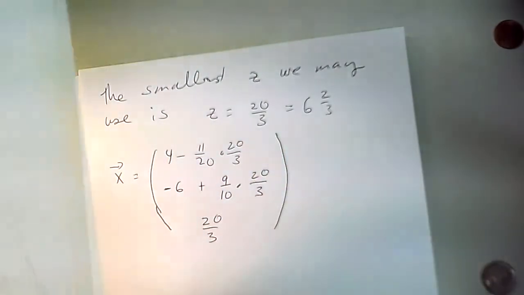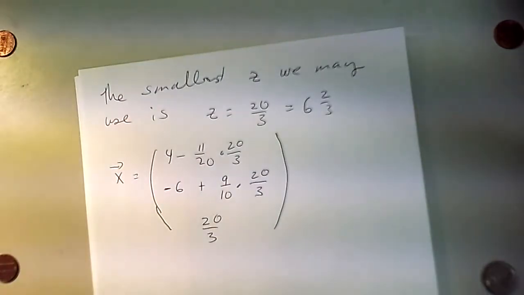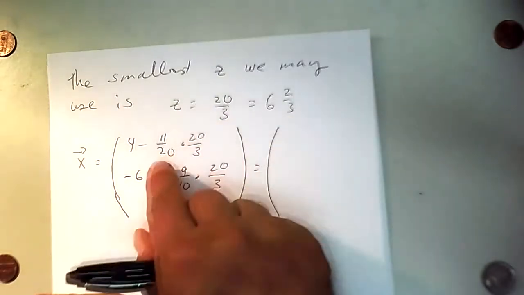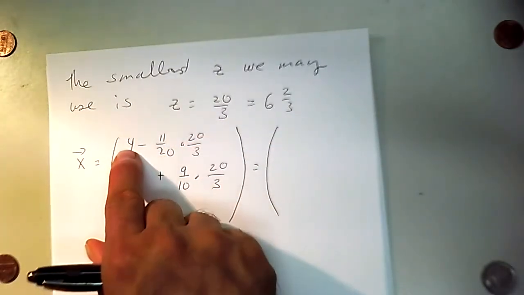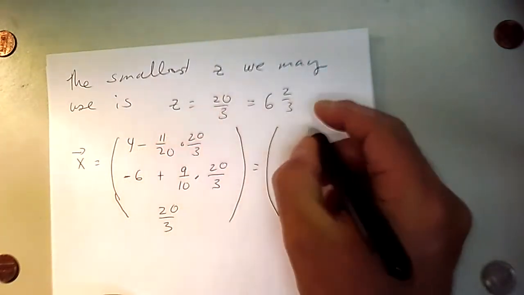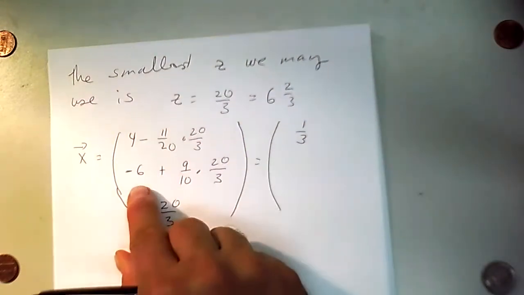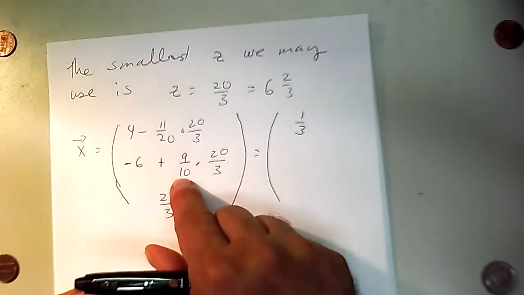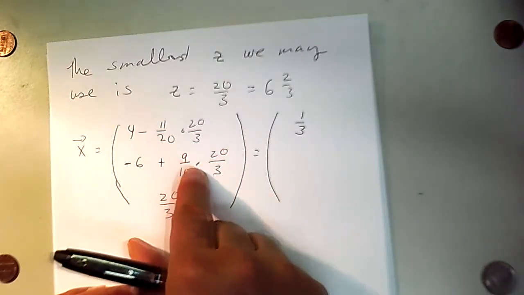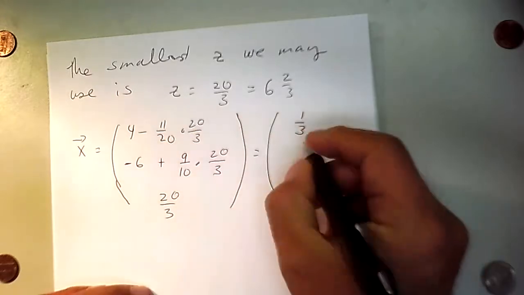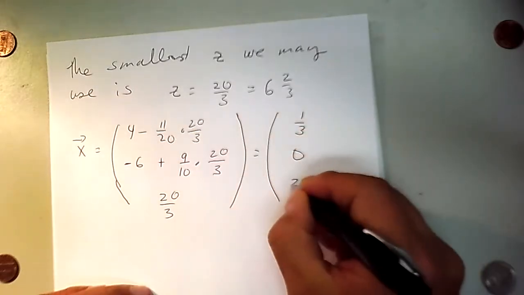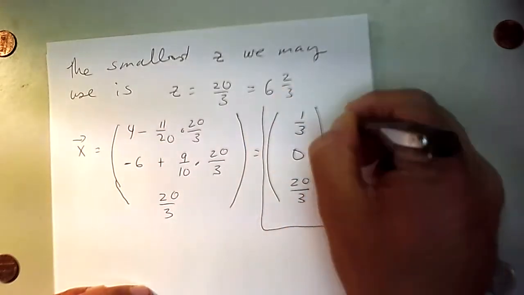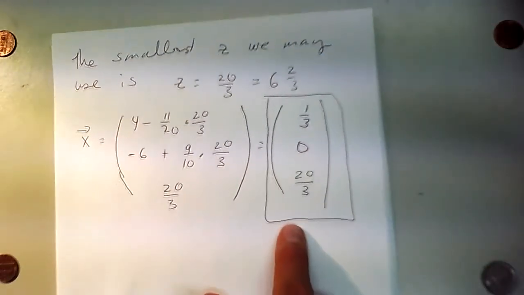So we need to simplify those fractions, those additions or subtractions. The 20s cancel, so that is 12/3 minus 11/3, which is 1/3. 20 and 10 simplify down to 2, times 9 is 18 over 3, which is 6, minus 6, 0. And 20 over 3. So here's the solution. That's what minimizes the cost.